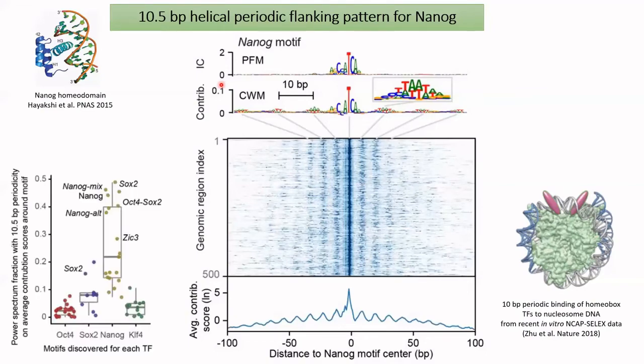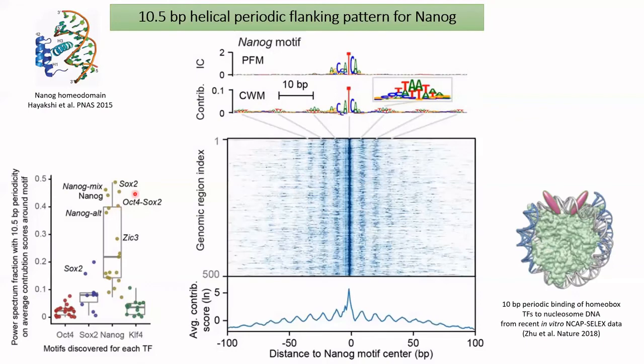Okay. What's very interesting is all the motifs that contribute to Nanog binding, in fact, have this 10.5 base pair periodic flanking pattern. So the Oct-Sox motif, which obviously directly recruits Oct4 and Sox2, but indirectly affects Nanog, when it is contributing to Nanog binding, it does show a 10.5 base pair periodic signal.